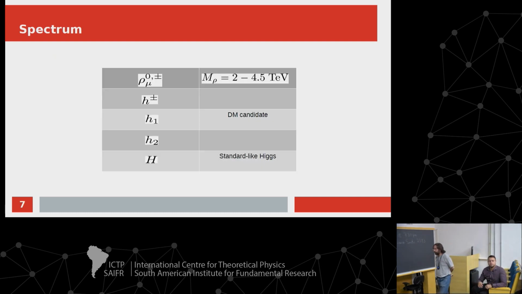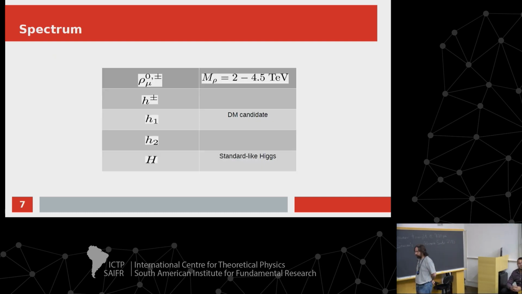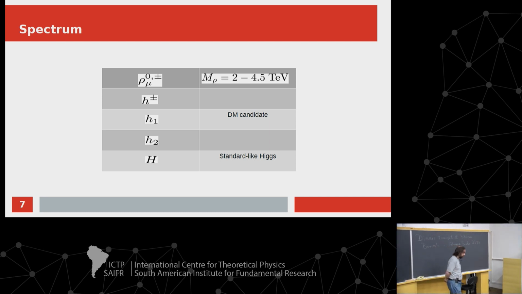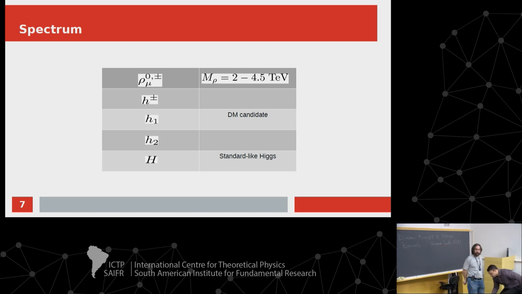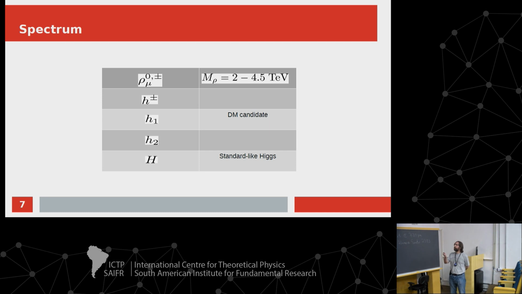So the spectrum of the model is the same you find in the inert doublet model, with an additional triplet of vectors, which we call rho. And we focus on this mass range for the new vector triplet.